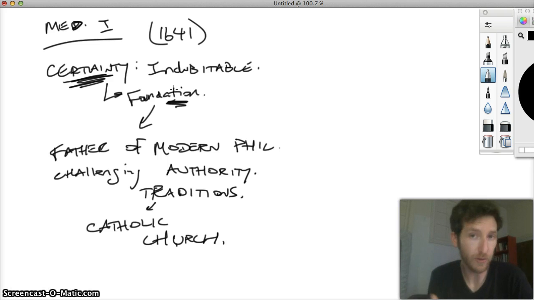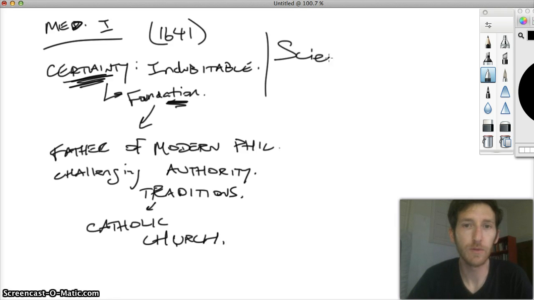So there's a very personal element, there's a kind of religious or theological element to his taking out these meditations. There's actually another element which has to do with the scientific revolution. And I'll say just one or two things about that, and then we'll move right into other parts of Meditation 1 in just a moment.